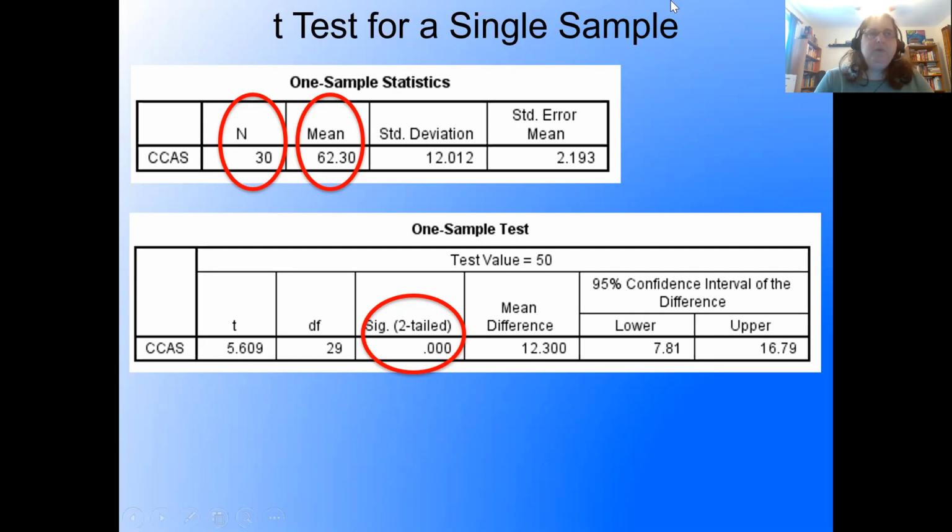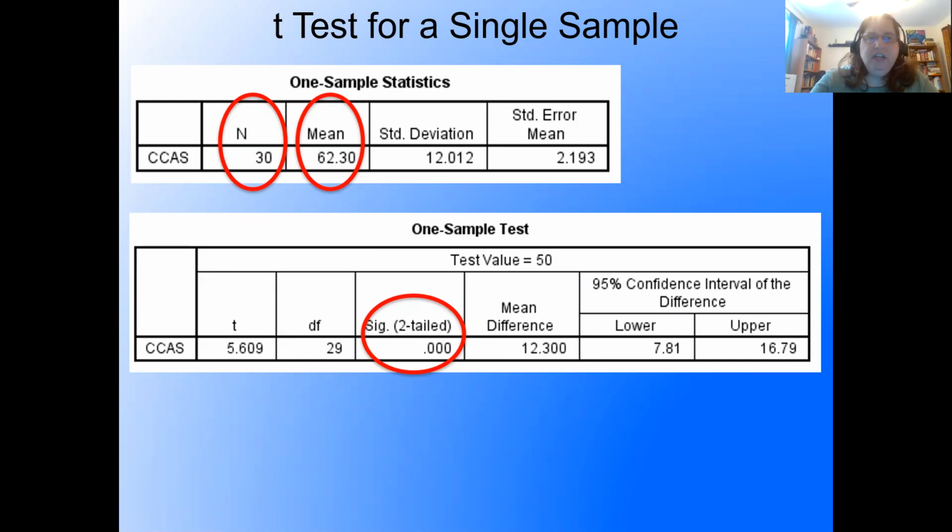So the information that we see right here is the size of the sample, 30, and the mean for the sample, 62.30, and even the standard deviation and standard error of the mean for the sample. Down here, we see our t-value, our degrees of freedom, and our sig, along with the mean difference and confidence interval.